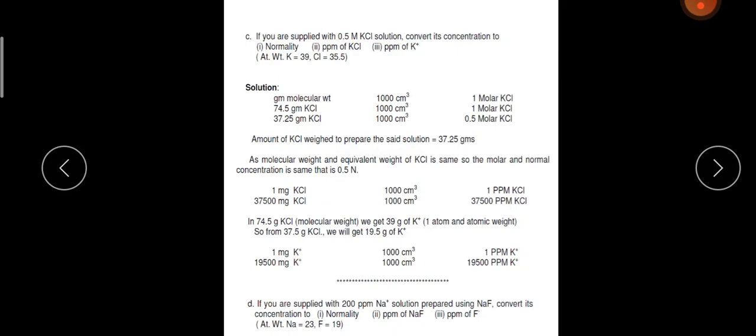For 0.5 molar, you have to divide by 2, which means 37.25 gram KCl. As the molecular weight and the equivalent weight of KCl are the same, the molar and the normal concentration are the same, that is 0.5 normal. Then 1 milligram of KCl in 1000 cm3 gives you 1 ppm KCl.